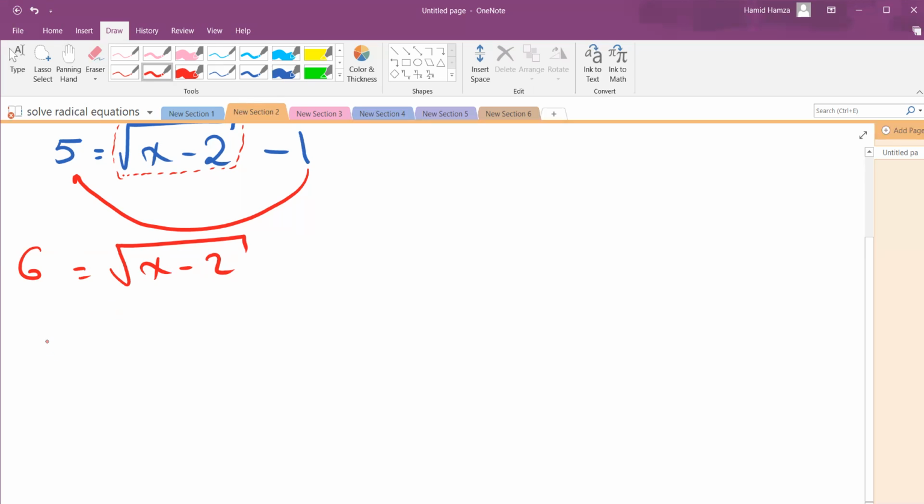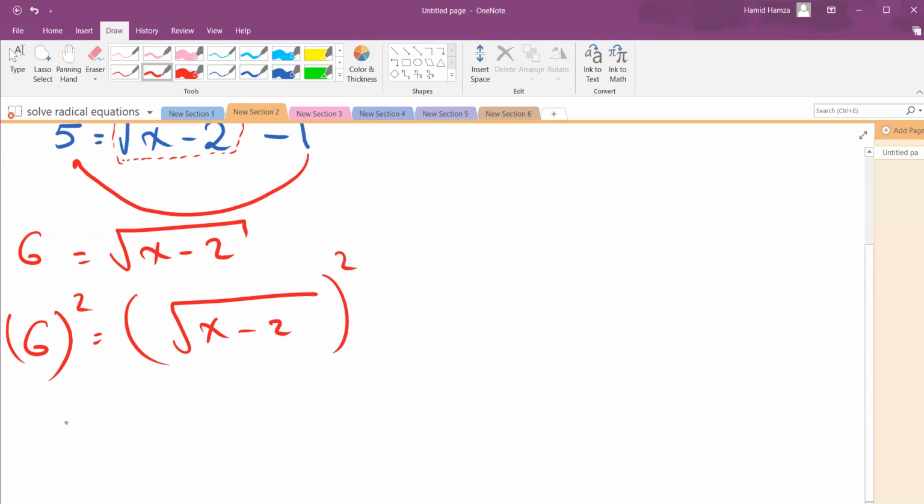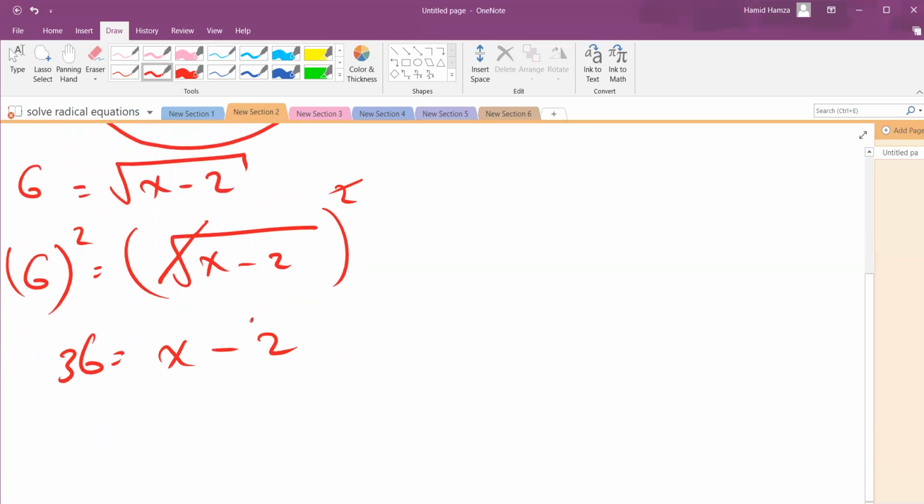Square both sides, so 6 to the power 2 is 36, and x minus 2 raised to the power 2. The power and the root eliminate each other. The remaining will be x minus 2, so take 2 to the other side. It is equal to 38. Okay, it is not finished, guys.